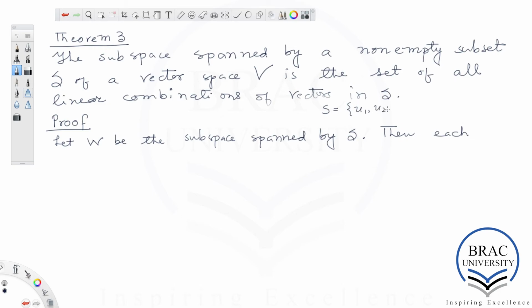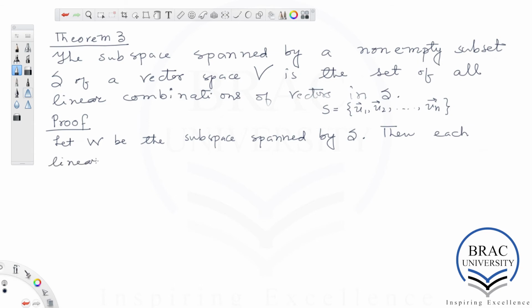S is a collection of vectors from the vector space V, and W is the subspace spanned by S, which is the smallest subspace of V that contains S.